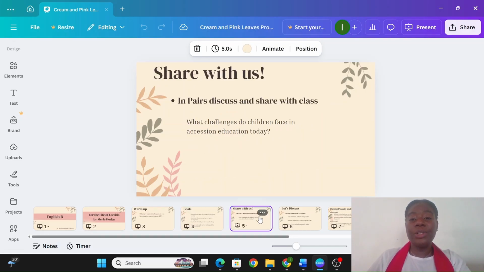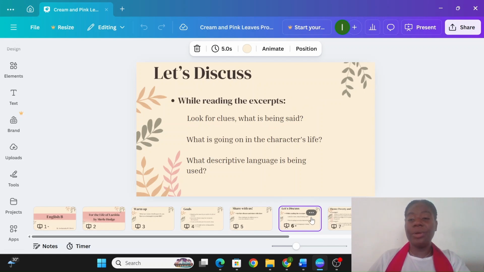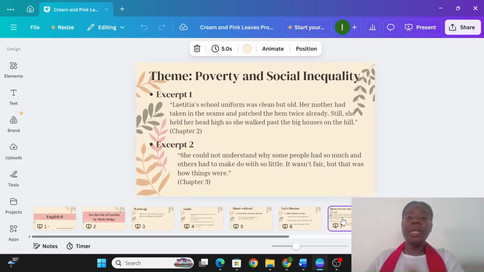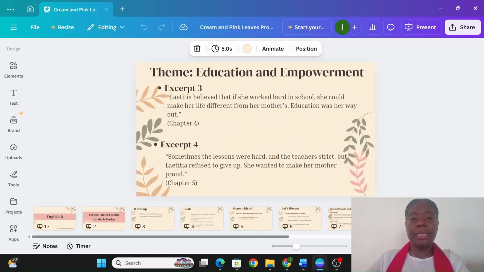So you have them share in pairs, then you can have a class discussion, group discussion with them, and you look at the themes. Now you're using the themes from the novel For the Life of Letitia, and here are some excerpts that you can use in analyzing the theme of poverty and social inequality.